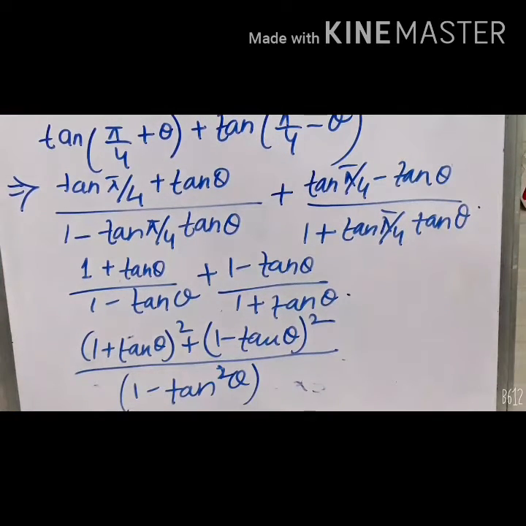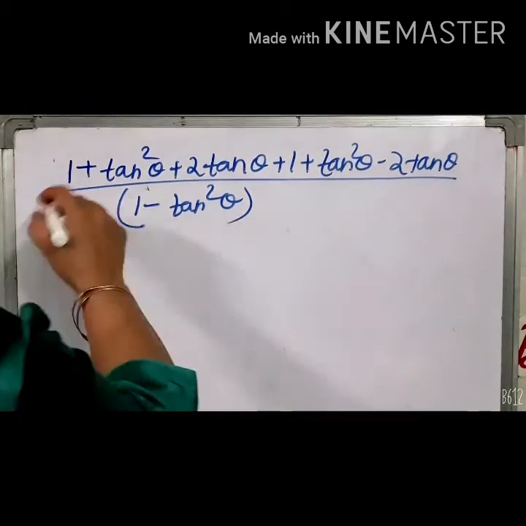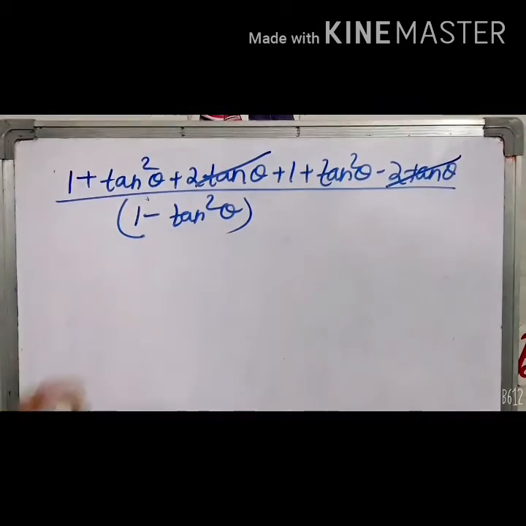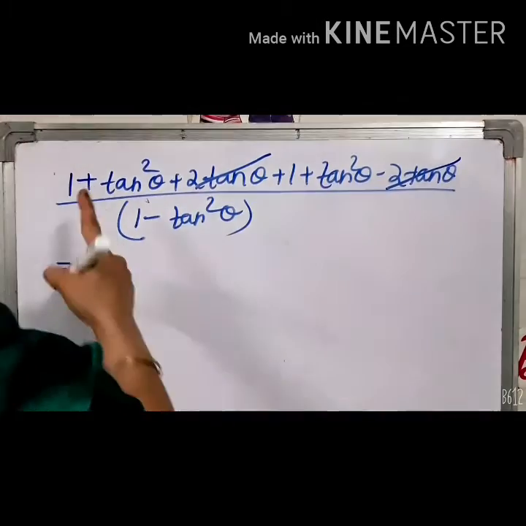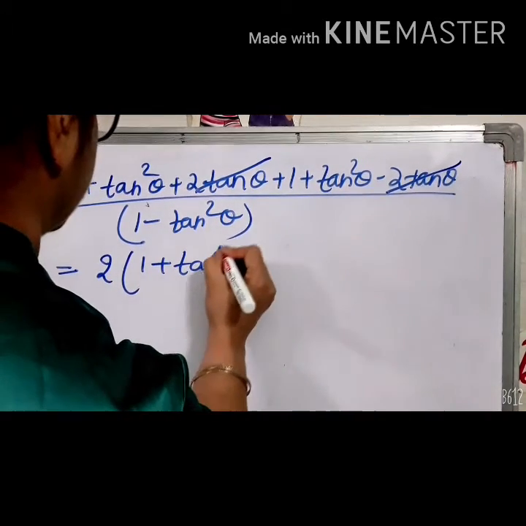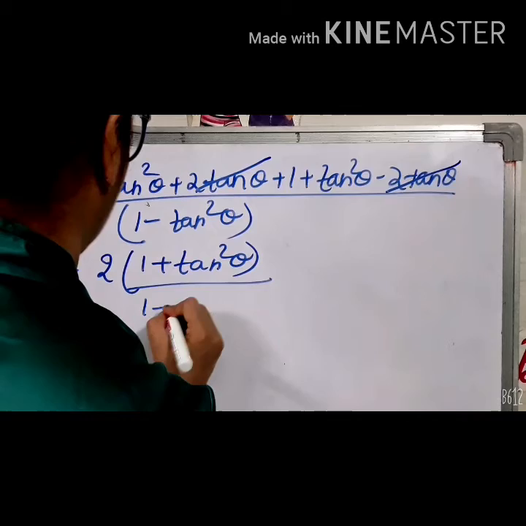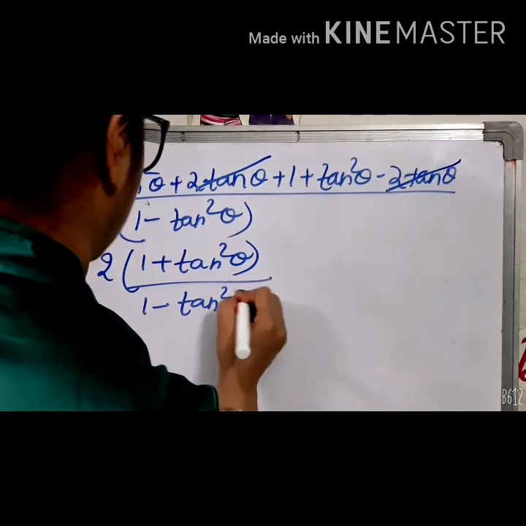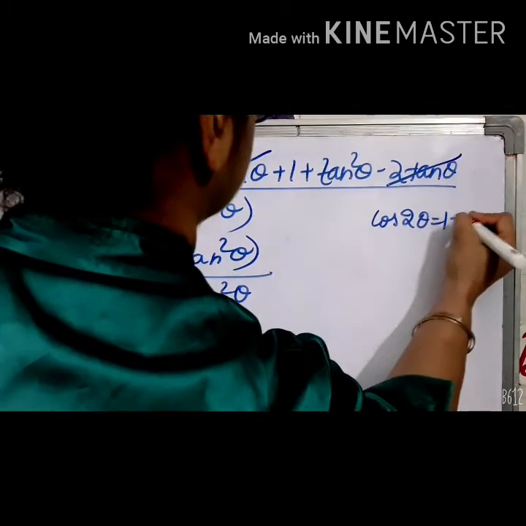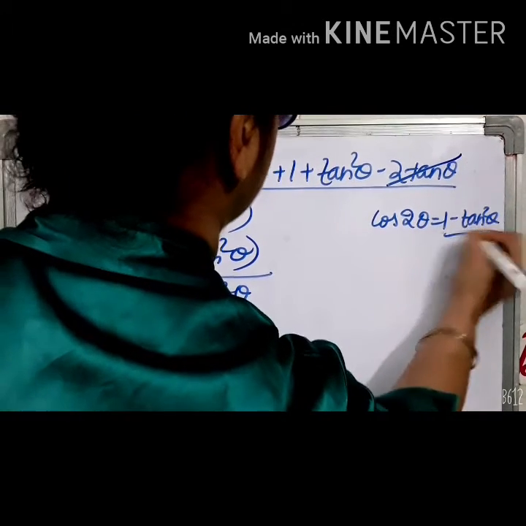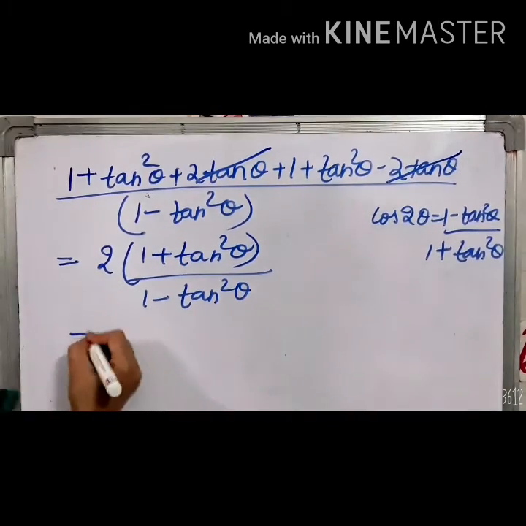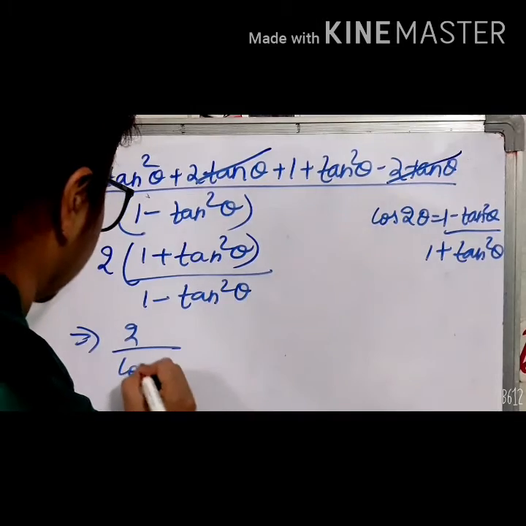Now, when you open that A plus B whole square and A minus B whole square, it gets cancelled. What I got, 1 plus 1 is 2, so I am taking 2 common. It becomes 1 plus tan square theta by 1 minus tan square theta. Now, we have one formula, cos 2 theta is equal to 1 minus tan square theta by 1 plus tan square theta. I am using that. It becomes 2 by cos 2 theta, correct?